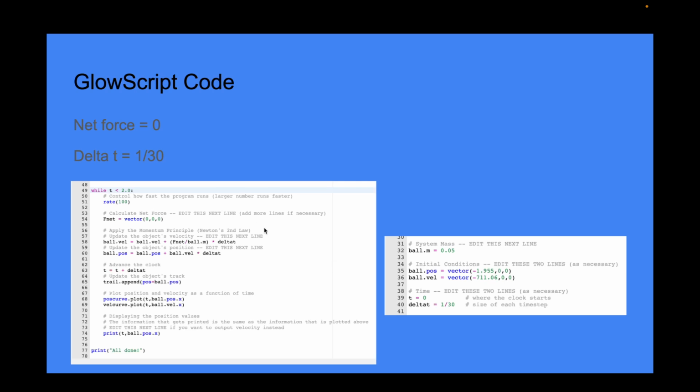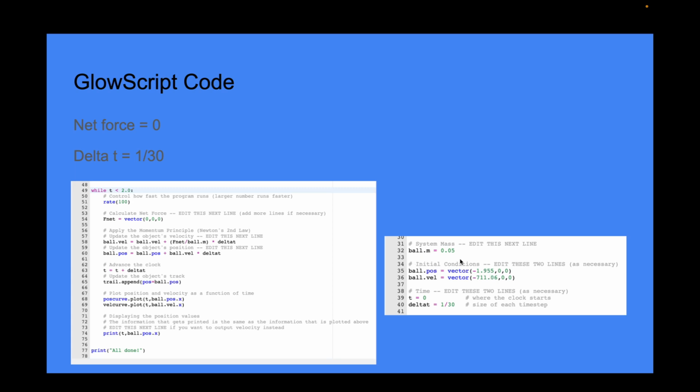Here's my GlowScript code. Net force is set equal to 0, and delta t is set equal to 1 over 30 because the video is at 30 frames per second. Here's my initial net force vector, my initial position vector, and my initial velocity vector. I explained how I got these numbers in the previous slides.